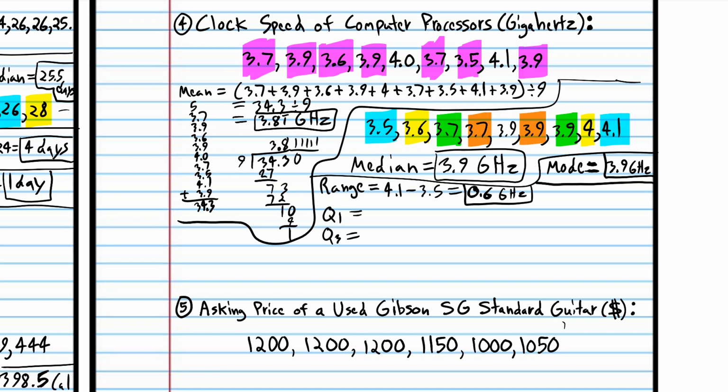And when you do that, you're going to get 3.65. And when you find the median of the second half of the data, you're just going to get 3.95. We don't really have time to do all the calculations, but I think you get the point. And we need gigahertz for both of those.